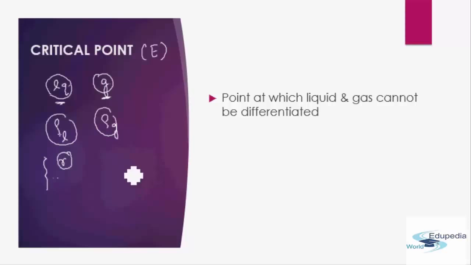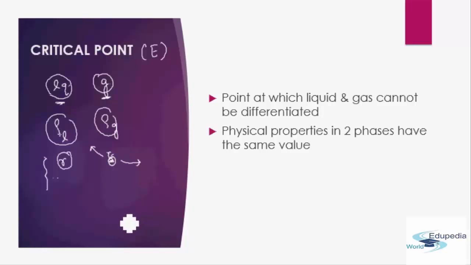What I can say is that on the right hand side of point E I have gas, and on the left hand side of point E I always have liquid, but I don't know about the point E itself. So that is what we mean by critical point: physical properties in two phases have the same value.